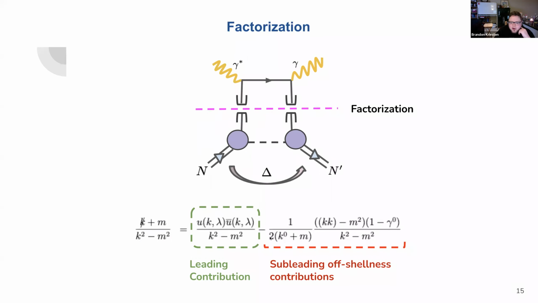Now I say this is subleading because you can see that it's a 1/k0 term here. So this is 1/p plus suppressed. And so this term, because I'm just calculating leading order GPDs, we kind of throw away, and you're left with a u ubar, and this can be separated into two contributions, one going to the top part and a ubar going to the bottom part.